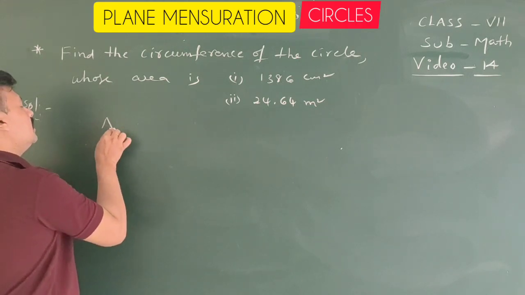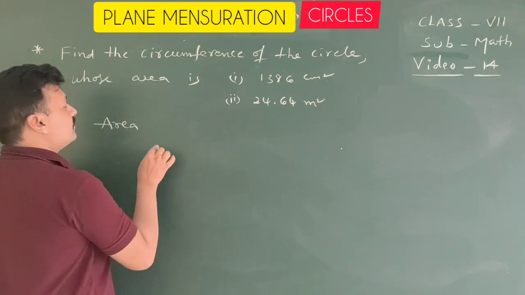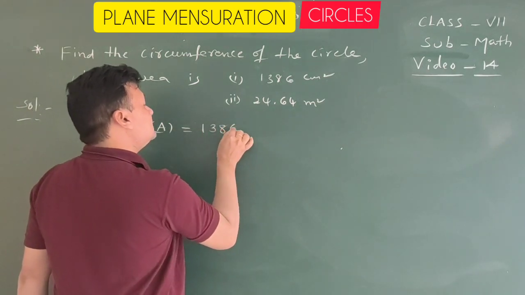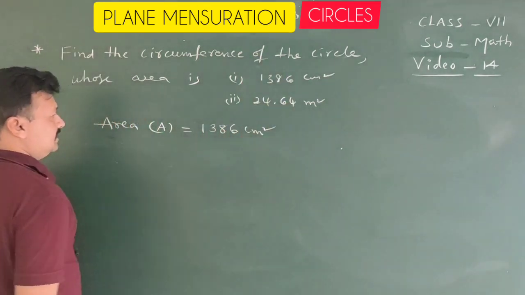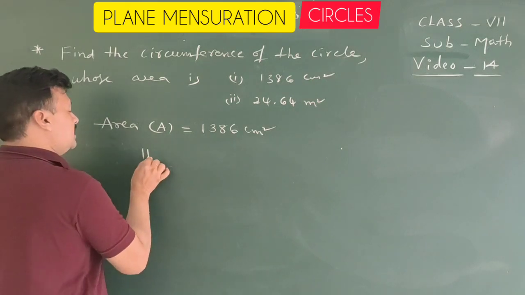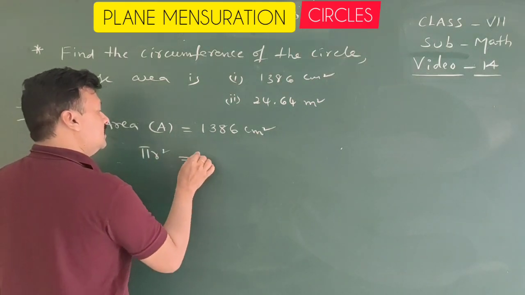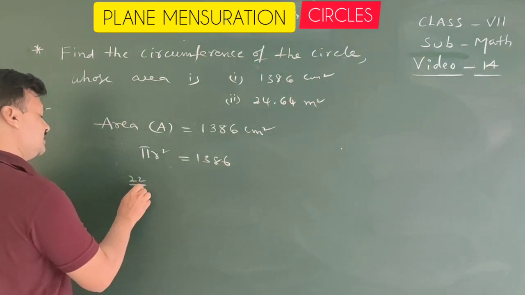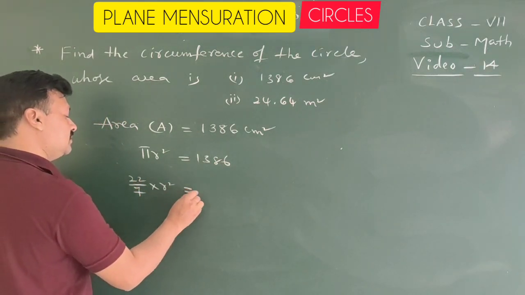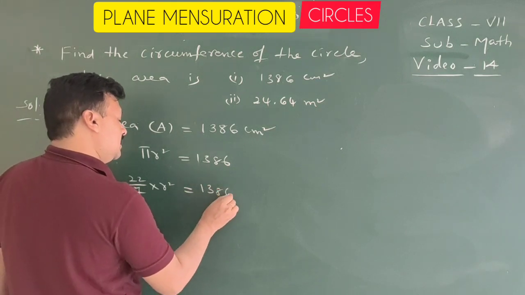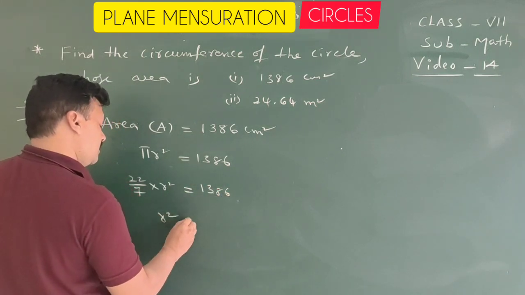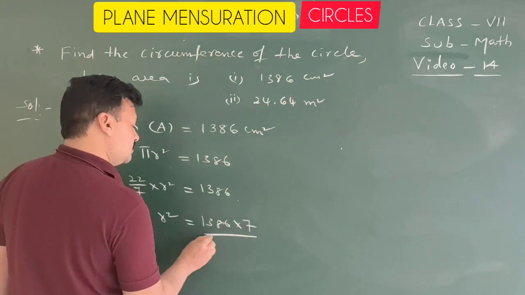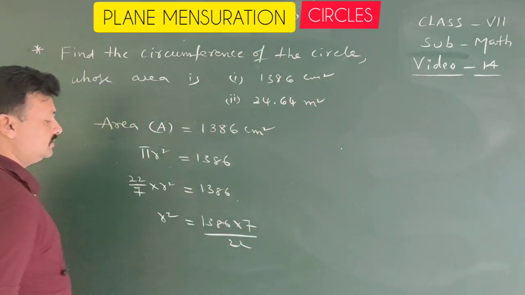So area A equal to 1386 centimeters square. Actually area is pi r square, that is 1386. So pi means 22 by 7 into r square equal to 1386. R square equal to 1386 into 7 by 22.